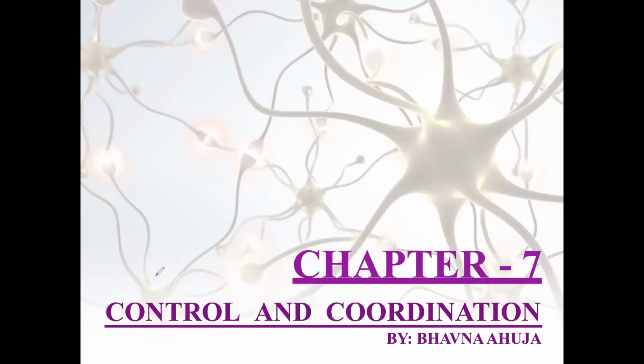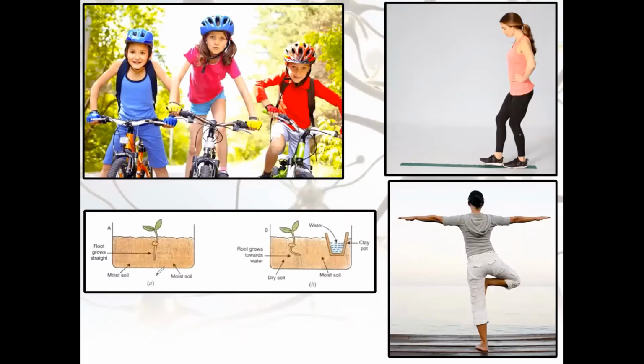Before starting this chapter, I wanted you to go through certain images. In the first image, we can see two children cycling. In the second, a lady tries to walk in a straight line.